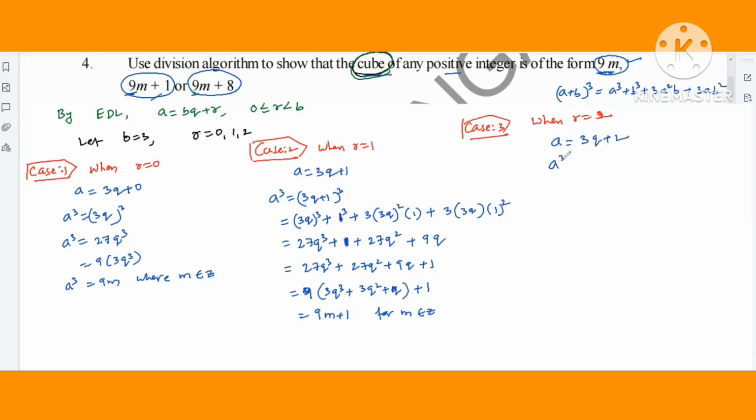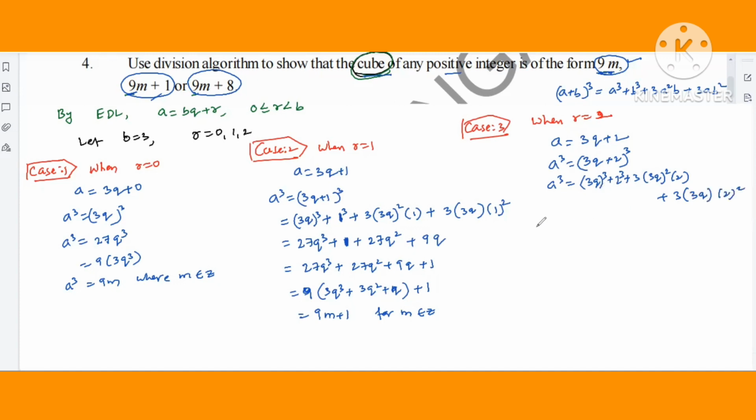Again, cubing on both sides. a cube equal to, again this form. The two terms are there, so a plus b whole cube we have to use: a cube plus b cube plus 3a square b plus 3a b square.